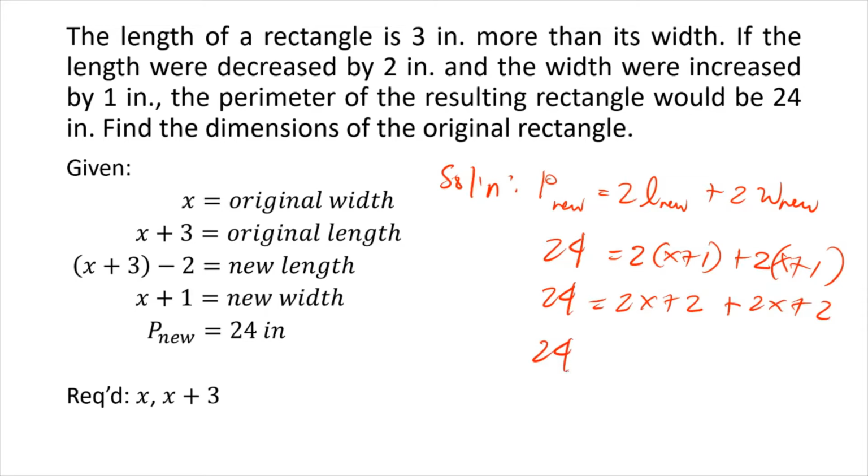So 24 is equal to 4x plus 4. Transpose positive 4 to the left side, you get 20 equal to 4x. Therefore, x is equal to 5 inches. This is now the width of the original rectangle.